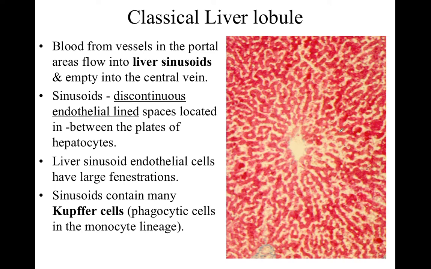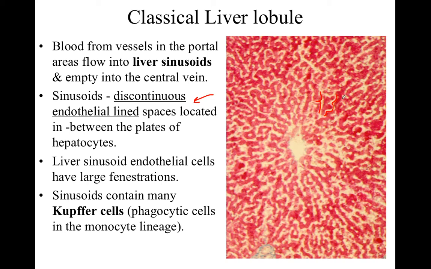So at this area here, we have the classical liver lobule. You can see this is a plate of hepatocytes. Between these hepatocytes, we have the area of the sinusoids where the blood will be collected, and there will be maximum contact between the blood cells and the hepatocytes. These sinusoids usually have continuous endothelial cells and a lot of spaces between these cells.